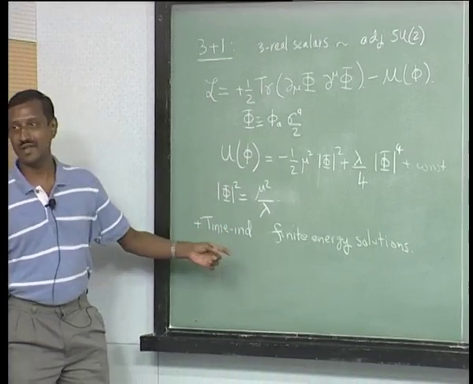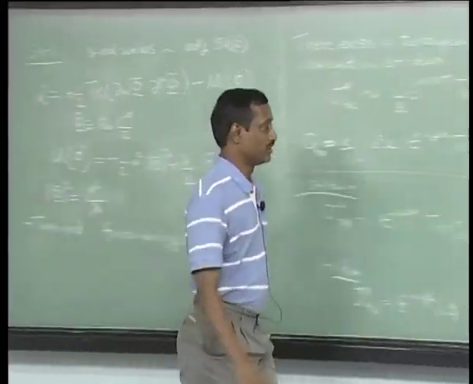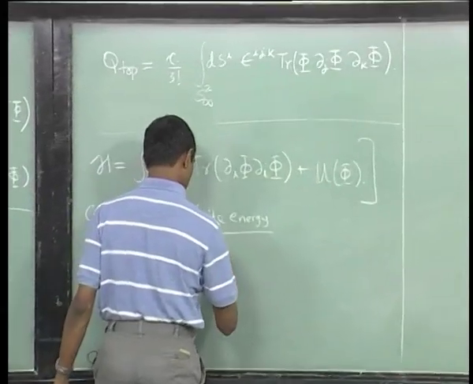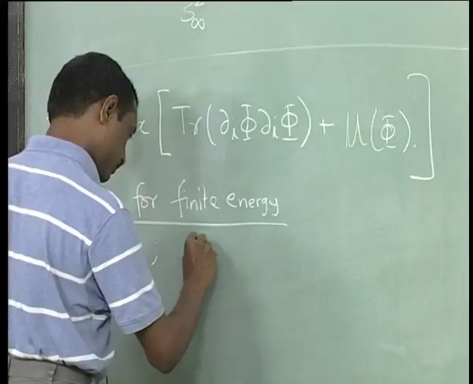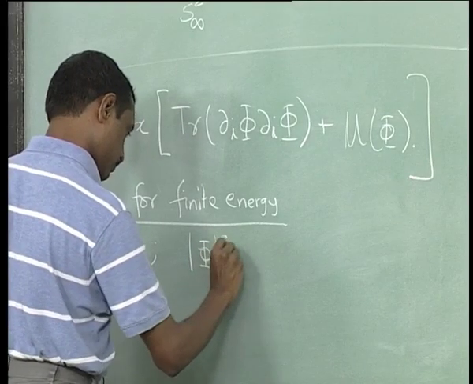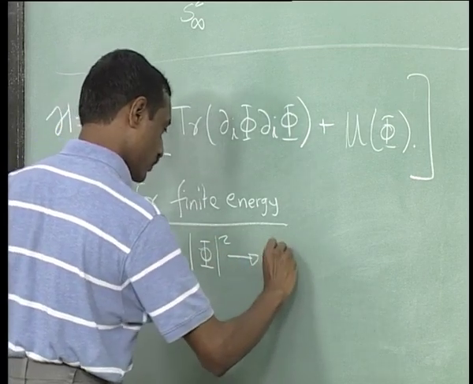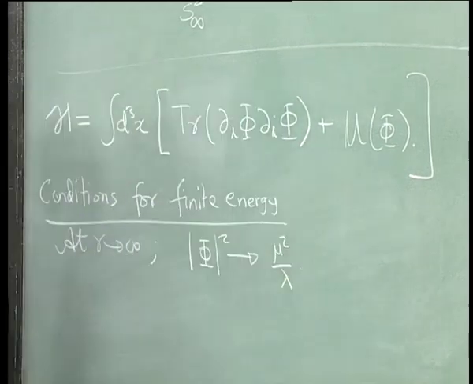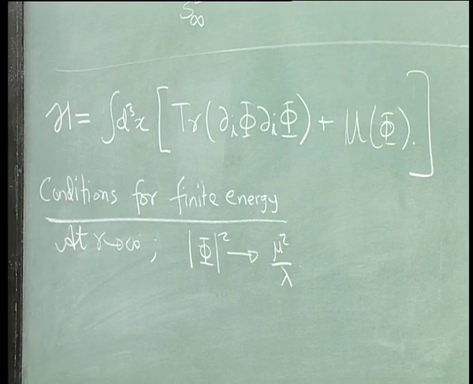Let us assume we have done that. So we need mod phi square, something we discussed yesterday, should go to mu square upon lambda. That takes care of this term.